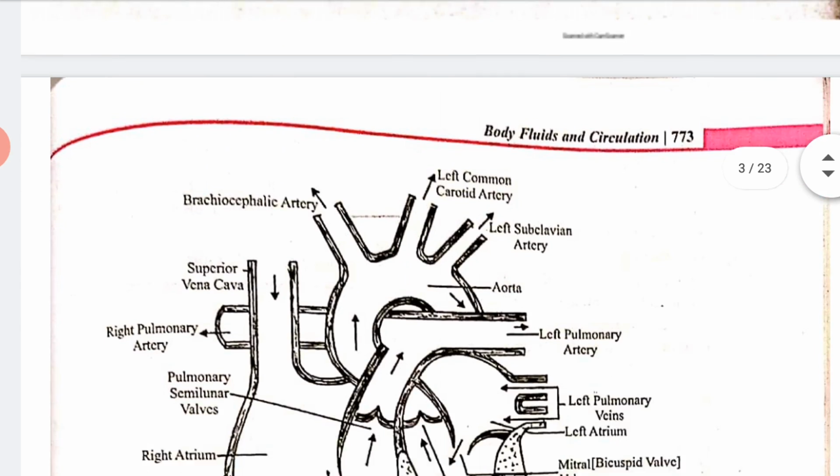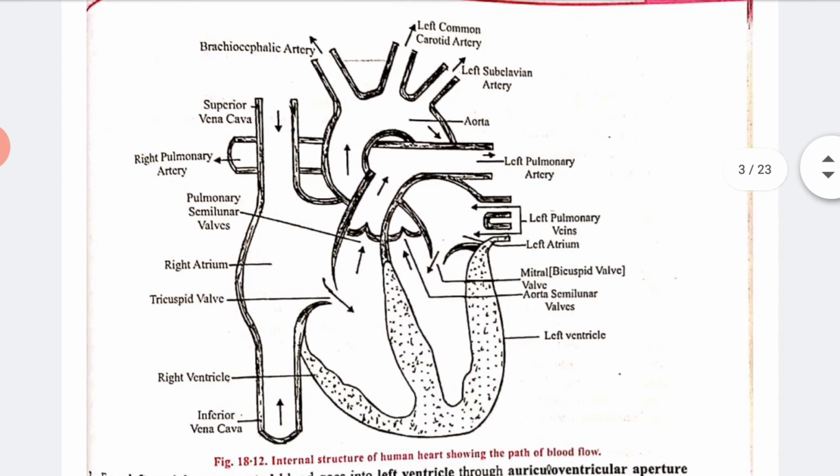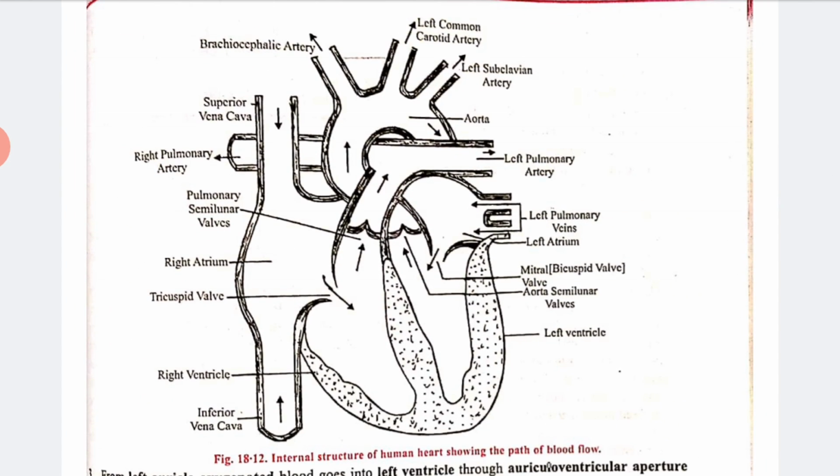Okay, you can see here, it is given so beautifully. It shows the internal structure of the human heart, showing the path of the blood flow. After that the oxygenated blood from the left auricle goes into the left ventricle through the auriculoventricular apparatus that is guarded by the bicuspid, means having two flaps, or mitral valve.